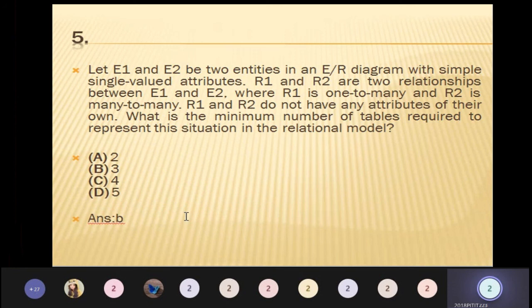R1 is one to many and R2 is many to many, and neither has any attributes of their own. What is the minimum number of tables required in the relational model? The answer is B because we need three tables. Okay, then only we can answer this question.